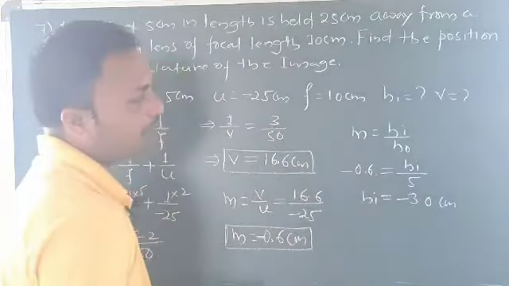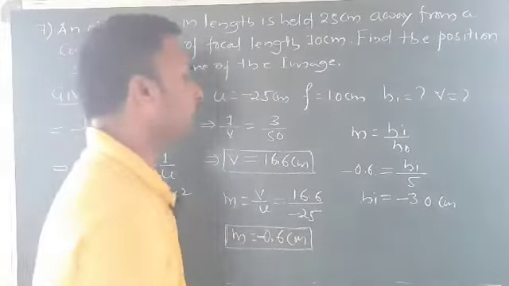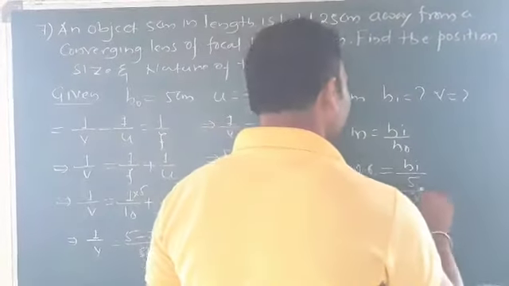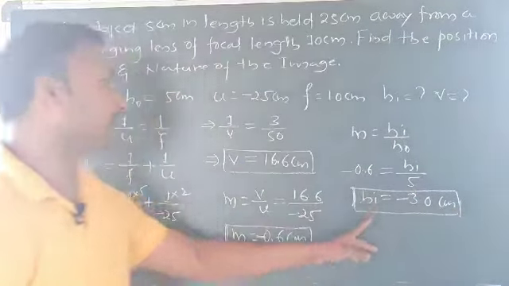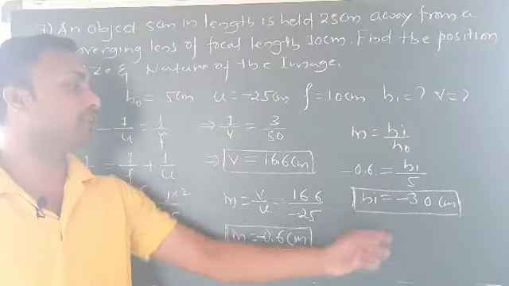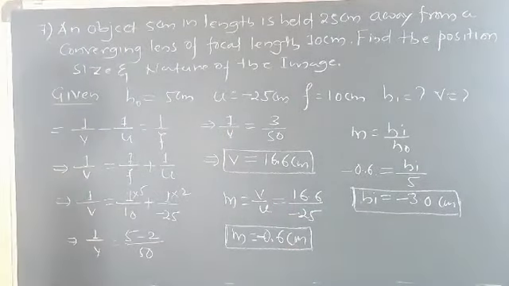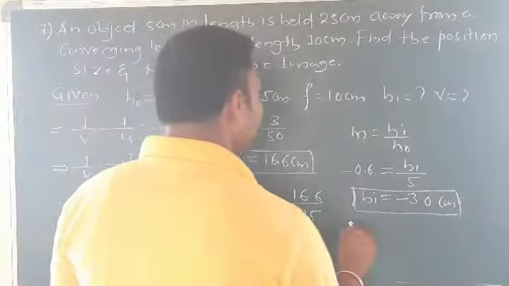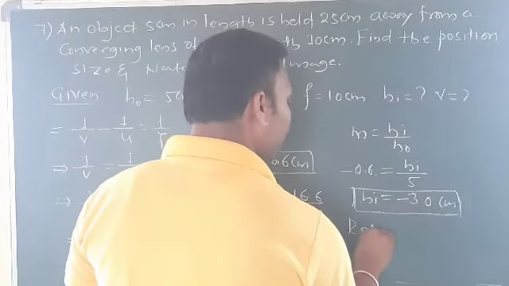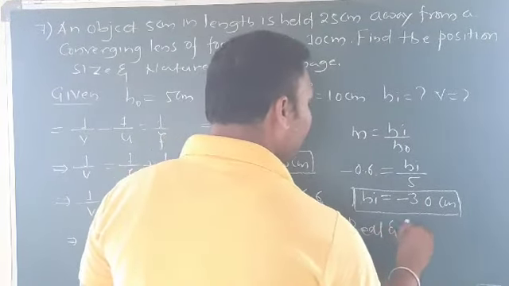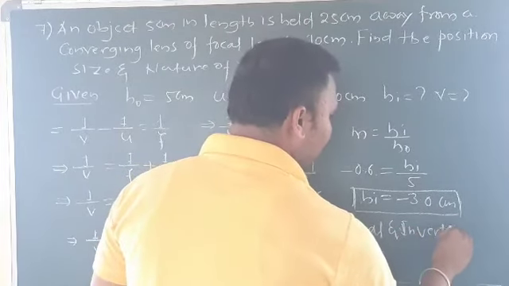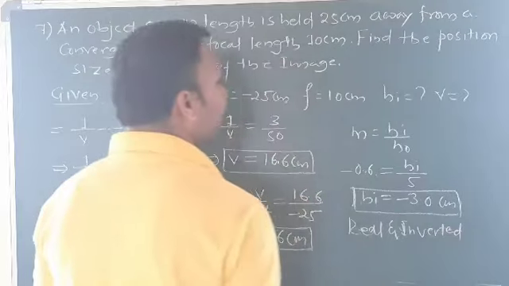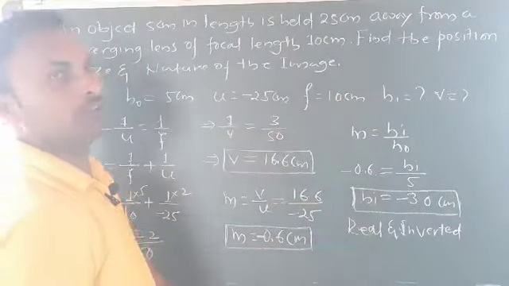You know it very well, if the height of the image is coming minus, it means it is real and inverted. So minus indicates real and inverted.